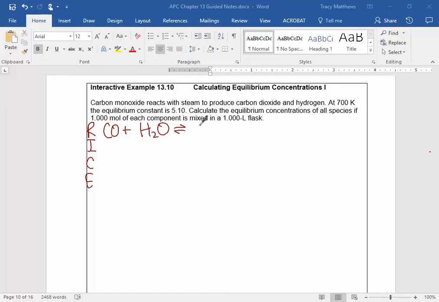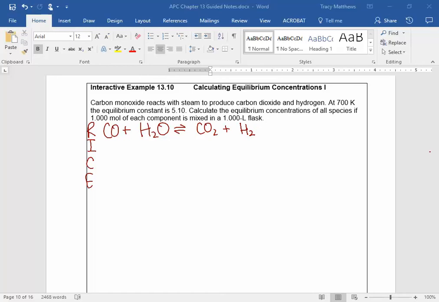And what is that form? Plus H2. Good. What states of matter do all of these substances have? Gases. This is a rare case where we actually have water in the gas state, so its amount will affect the equilibrium expression, and it will go in our equilibrium expression.